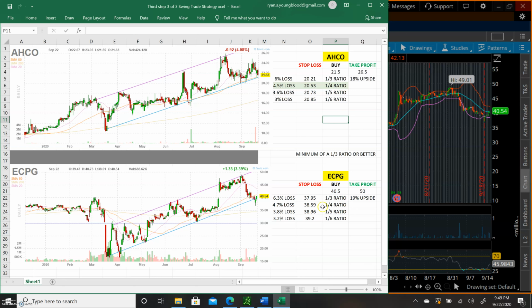And then if you did a 38.59, 38.50. Okay. So somewhere around here, still pretty much within that Bollinger Band. Okay, so I think probably the best one would be the 1-to-3 ratio here.